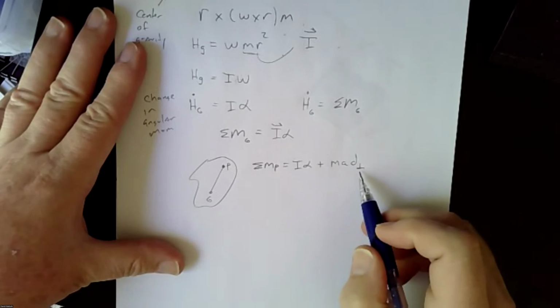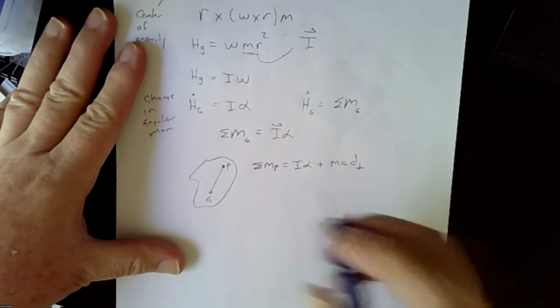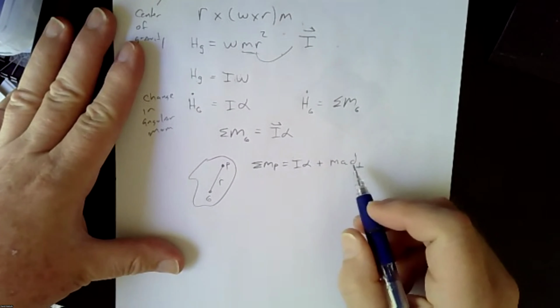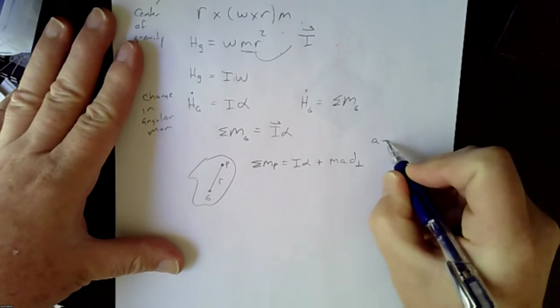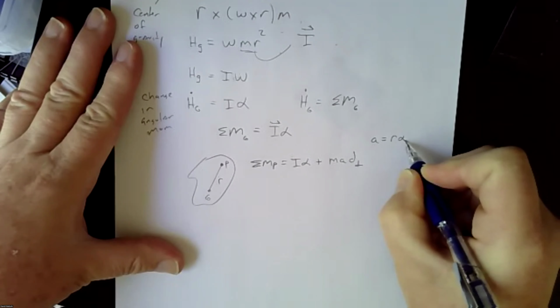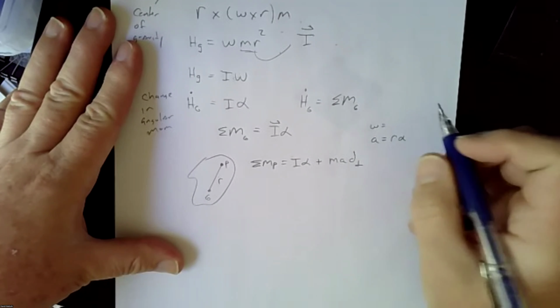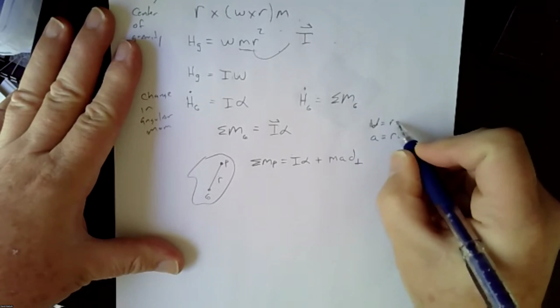What this comes from is that d perpendicular is this distance r here, and we know that acceleration equals r alpha, just like velocity equals r omega.